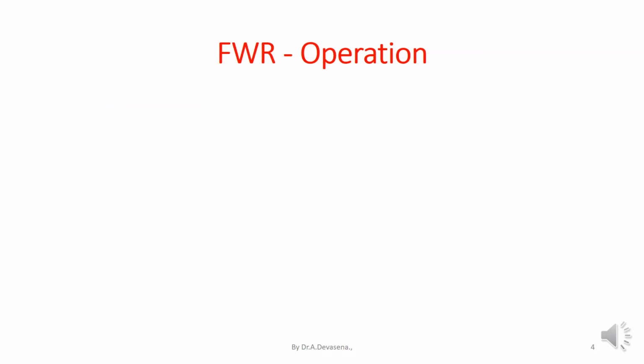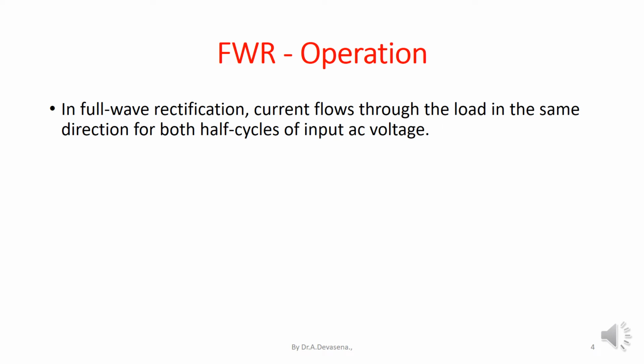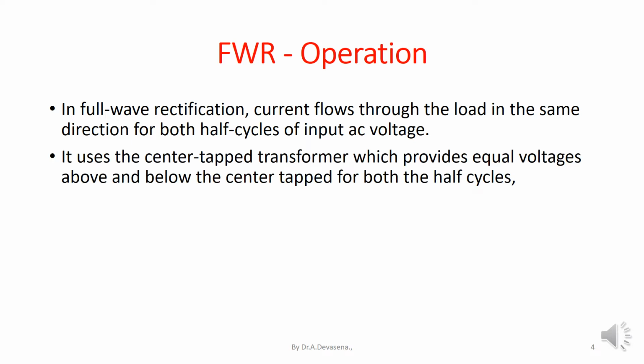Let us see the operation of the full wave rectifier. In full wave rectification, current flows through the load in the same direction for both half cycles of the input AC voltage. It uses the center tapped transformer which provides equal voltages above and below the center tap for both the half cycles.